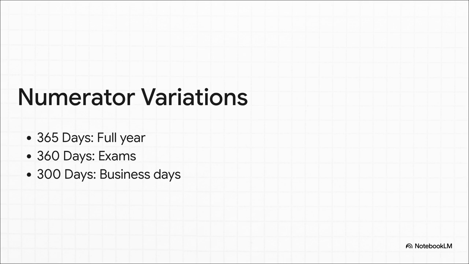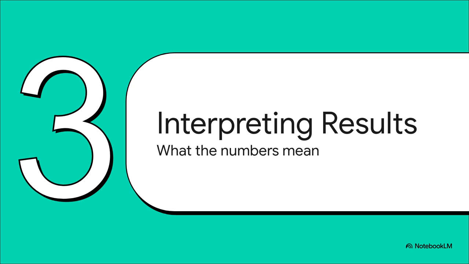The exam might use 365 days for a standard full calendar year, but they frequently use 360 days just to make the math simpler for you if you're working without a calculator. Or they might even specify 300 days, which represents only the active business days in a year. So the absolute crucial point here is to read carefully and plug in the exact number of days the examiners hand you.